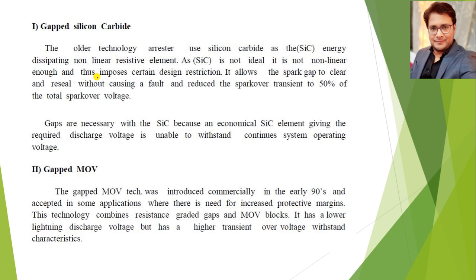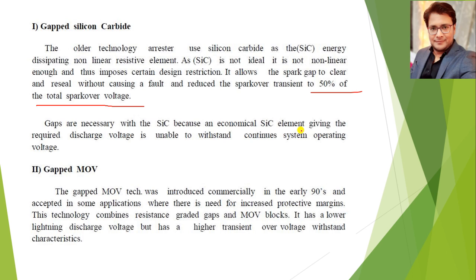It allows the spark gap to clear and resolve without causing a fault and reduces the spark over transient to 50% of the total spark over voltage. Gaps are necessary with the SiCs because an economical SiC element giving the required discharge voltage is unable to withstand continuous system operating voltage. Gapped MOV.